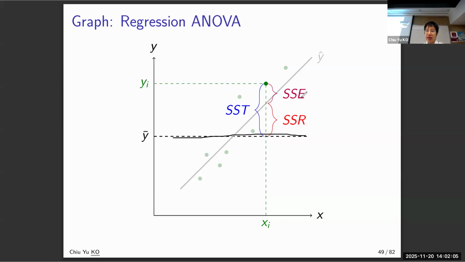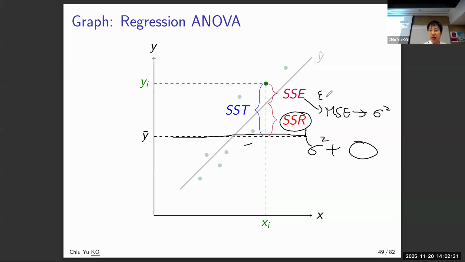SSE is capturing what? It's basically epsilon. The MSE is capturing sigma square, and MSR, if there is something to explain, is sigma square plus something, because besides the variance you also have something explained coming from beta. So that's why MSR should be larger.